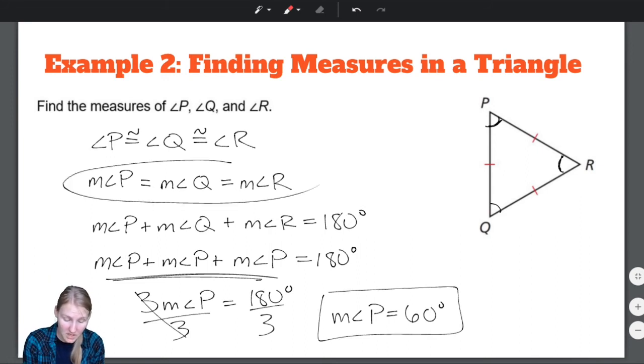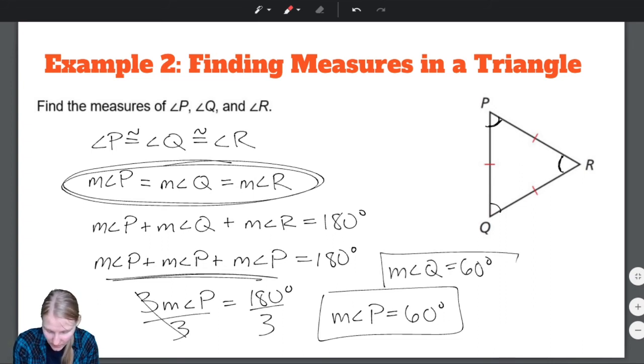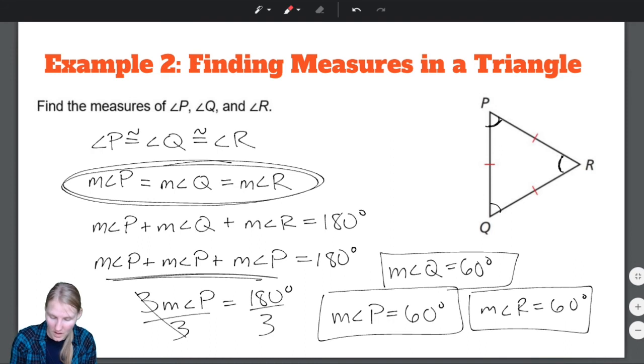And because the measure of angle P is the same as the measure of angle Q, which is the same as the measure of angle R, this means that the measure of angle Q is also 60 degrees. And the measure of angle R is also 60 degrees. All the angles of the triangle are 60 degrees. And this is true for any equilateral triangle.